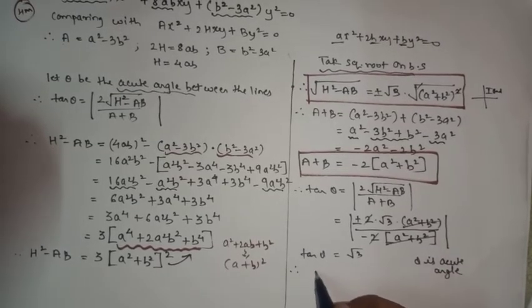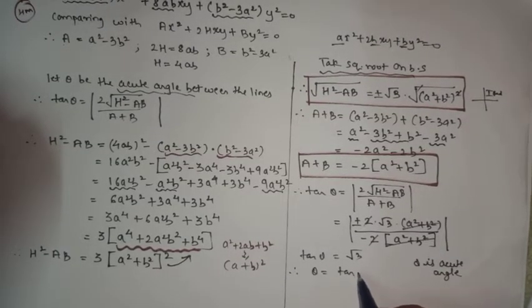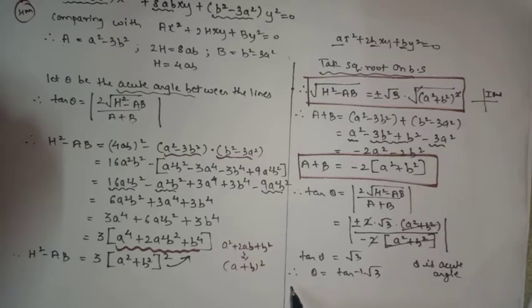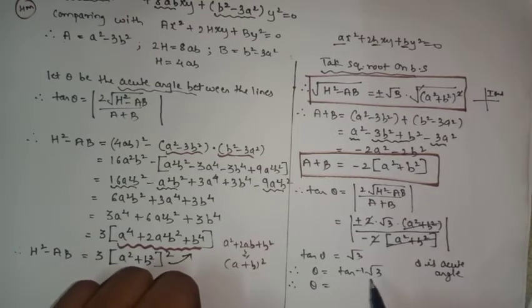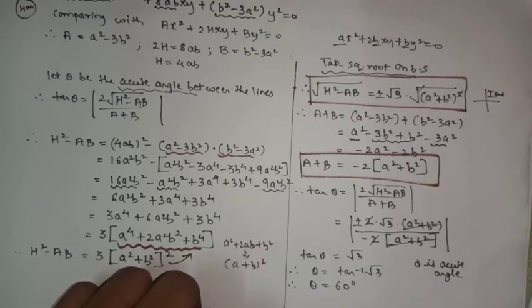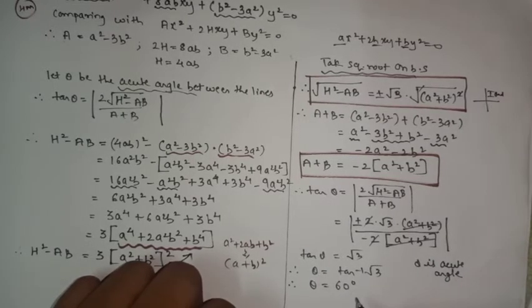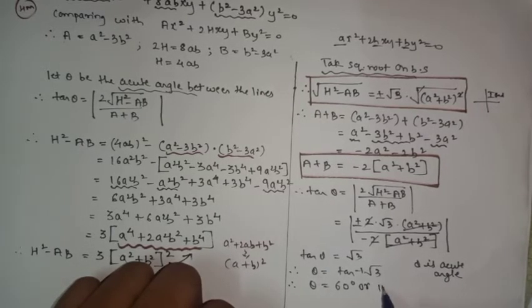So in the next step, theta will be equal to tan inverse of root 3. From the table we can see that tan inverse of root 3 is 60 degrees, or we can write it as pi by 3 also.